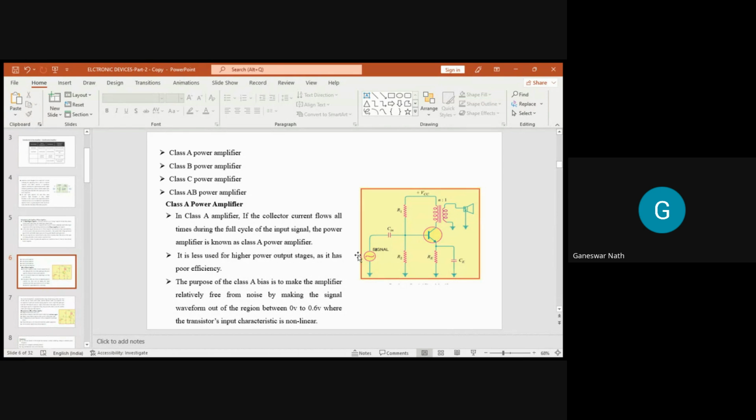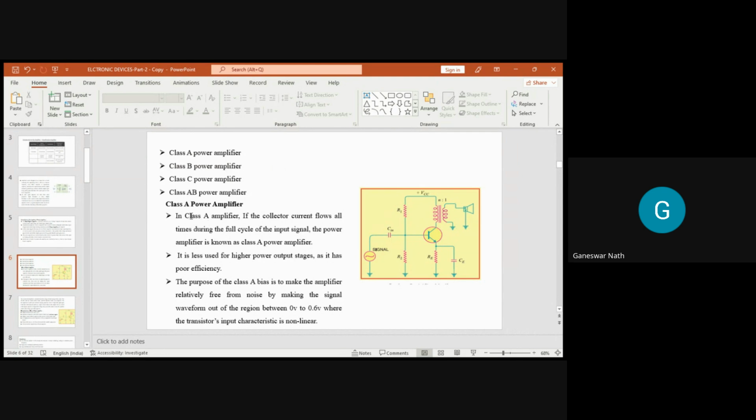So why is it called class A? If the collector current flows at all times during the full cycle of the input signal. What is the meaning of a cycle? A cycle means one upper half and the other lower half. The upper half and the lower half together are called a complete cycle. So in a class A amplifier, if the collector current flows at all times during the full cycle of the input signal, the power amplifier is known as a class A amplifier.